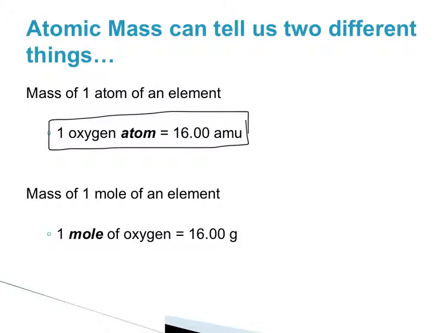However, the periodic table also tells us what the mass of 1 mole of an element is. So looking at oxygen again, it tells us that 1 mole of oxygen is 16.00 grams. So we can get the molar mass of any element off of the periodic table.